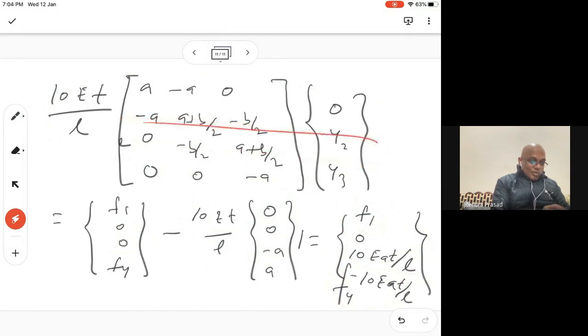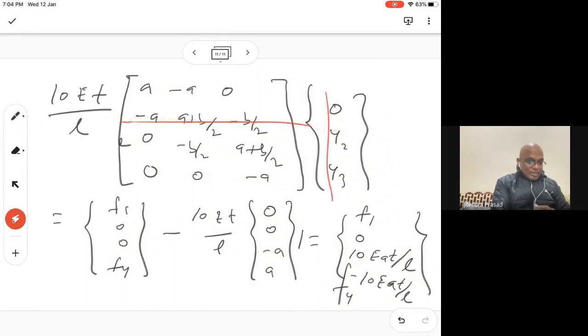If you consider just the equations which don't have F1 and F4, that will be the second and third.